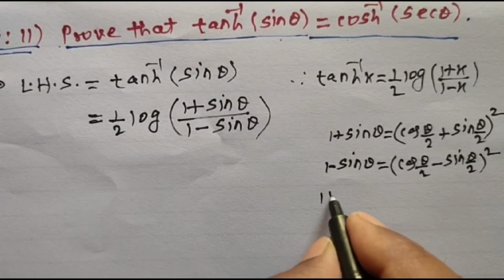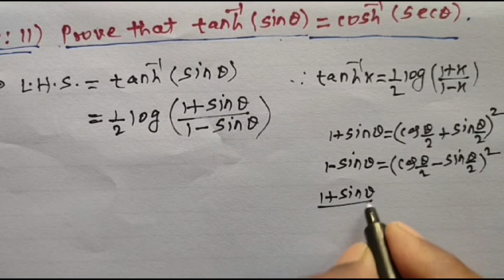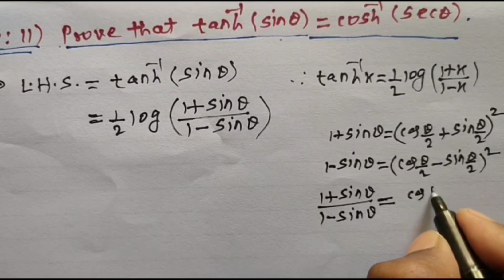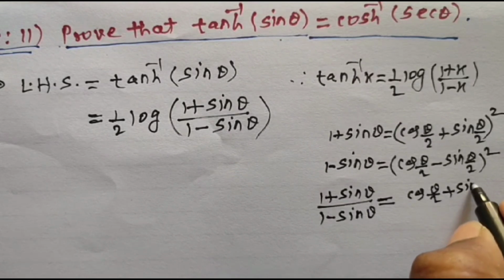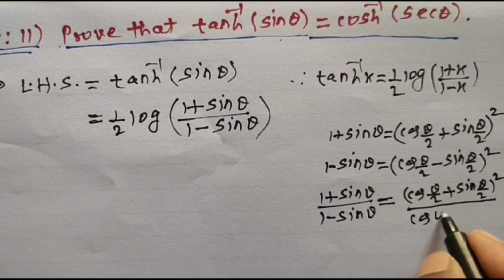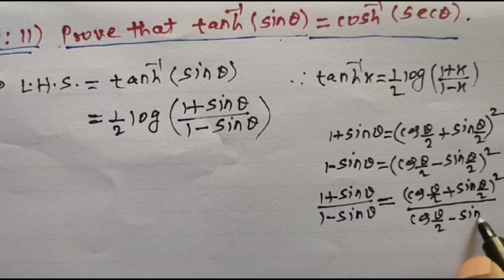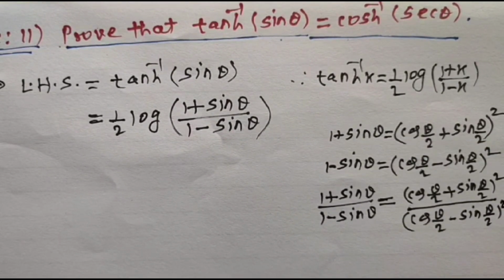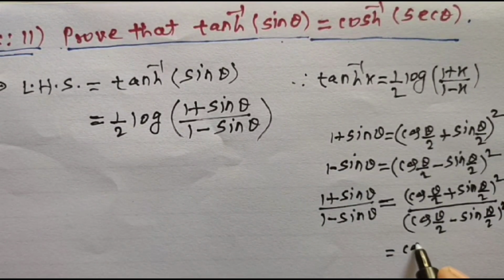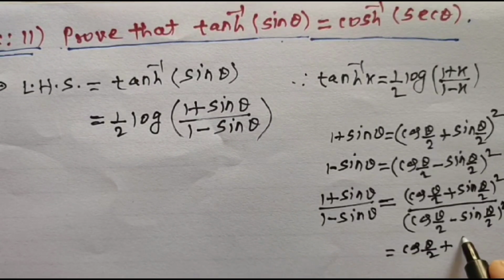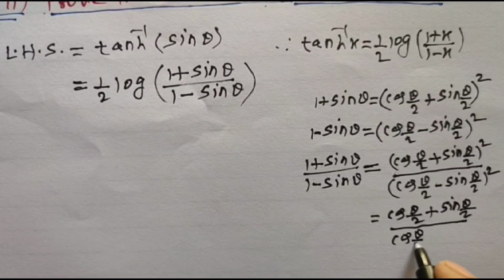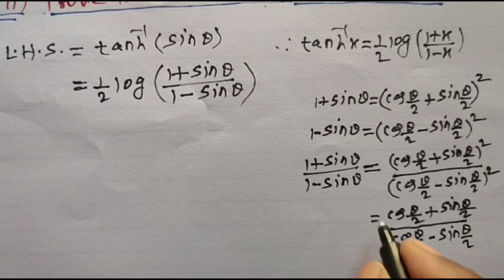So 1 plus sin theta divided by 1 minus sin theta can be written as cos theta upon 2 plus sin theta upon 2, square of this, divided by cos theta upon 2 minus sin theta upon 2, square of this. Okay, now put this here, that is nothing but cos theta upon 2 plus sin theta upon 2 divided by cos theta upon 2 minus sin theta upon 2, whole square.